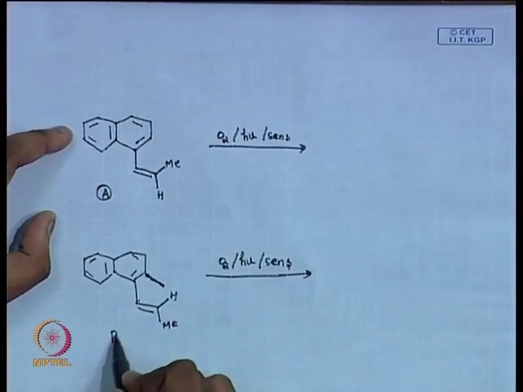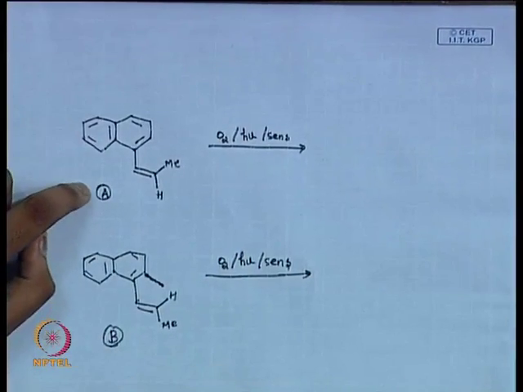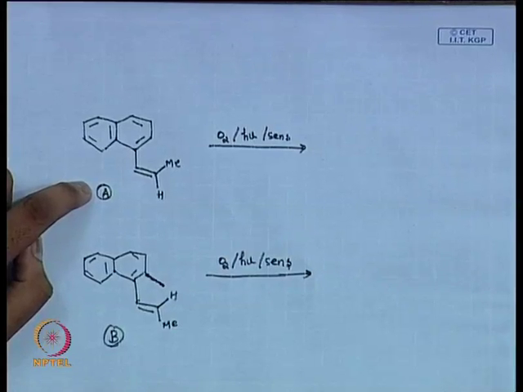Anyone can tell. Okay, we call them A and B so that we don't get confused. So, you say A is the ene reaction. Why?